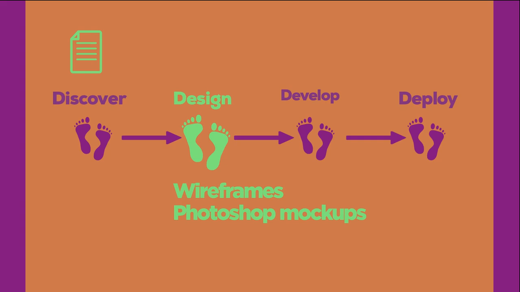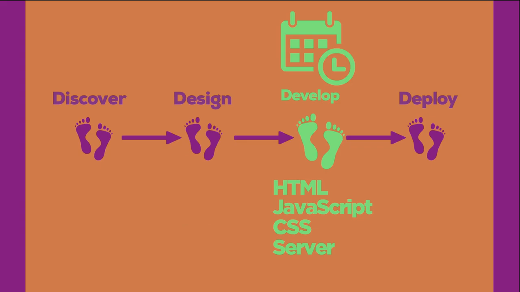So this is not the rapid prototype way of working. In this stage, we make more documents because there are wireframes and Photoshop mockups. These produce very many documents for the users to read, to understand what we're going to do. And after that, we're going to develop it.